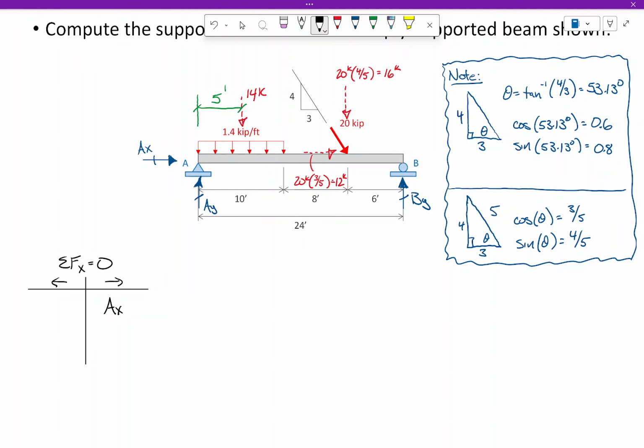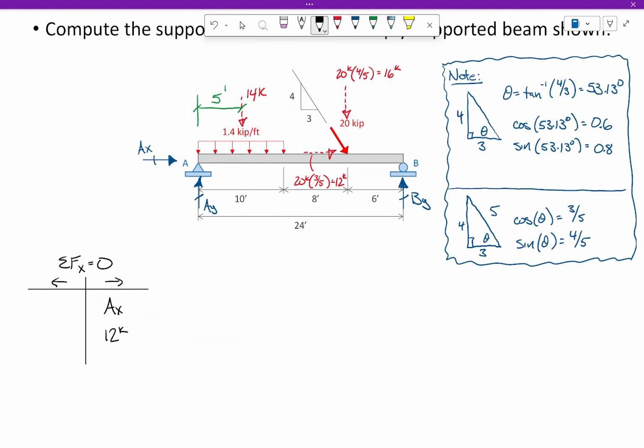Do I need to consider AY? Do I need to consider the 14 kips? What about the 16 kips? What about the 12 kips? Which direction? To the right. What about BY? Is that it?